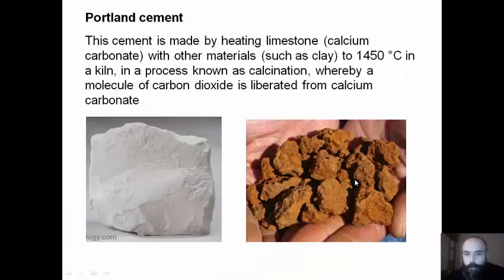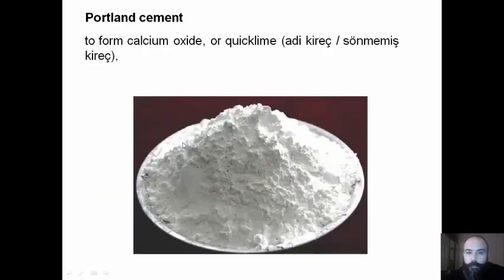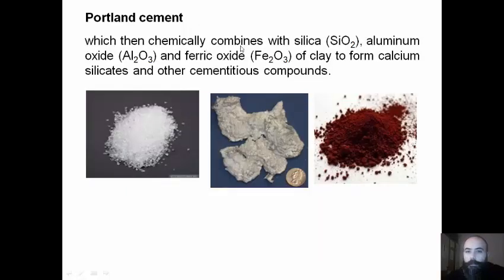This cement is made by heating limestone, which is calcium carbonate, with other materials such as clay to 1450 degrees Celsius in a kiln in a process known as calcination, whereby a molecule of carbon dioxide is liberated from calcium carbonate to form calcium oxide or quicklime, which then chemically combines with silica, aluminum oxide, and ferric oxide of clay to form calcium silicates and other cementitious compounds.